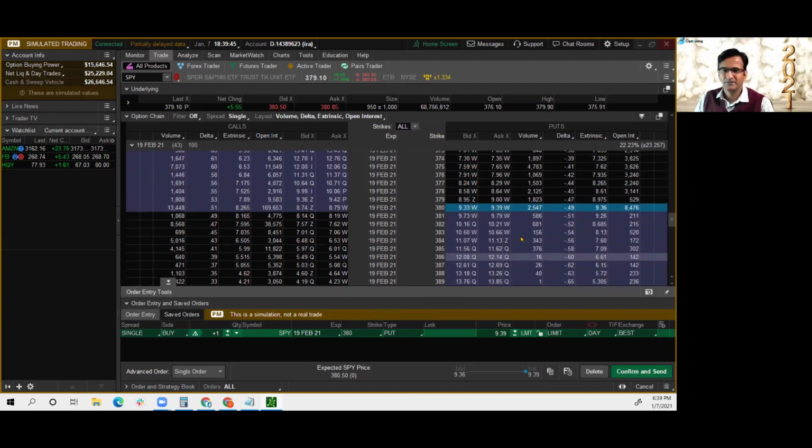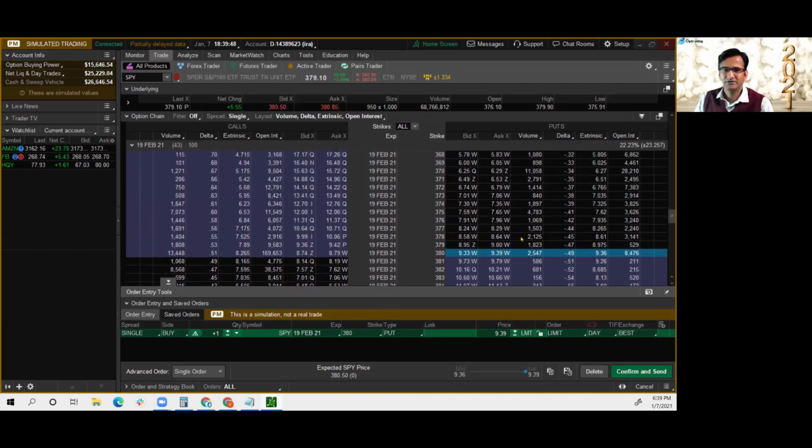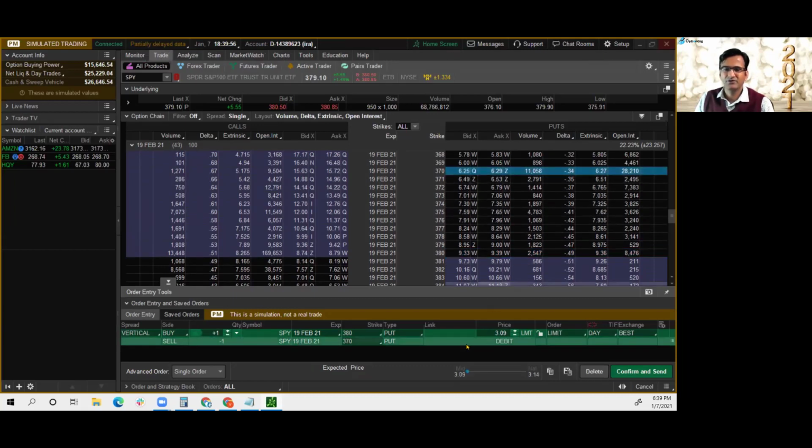So instead of just buying a put, I could go ahead and buy a put spread: buy the 380 put and sell a lower strike put, and reduce my initial outgo to $3 and get myself protection for a $20 fall in S&P 500 for the next 43 days.